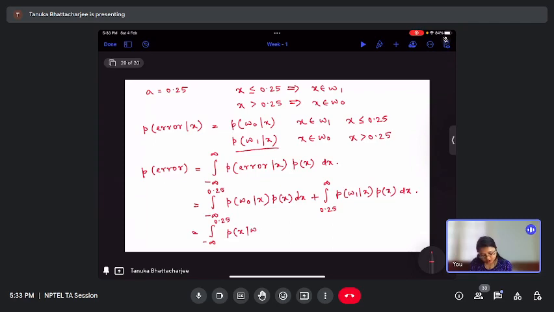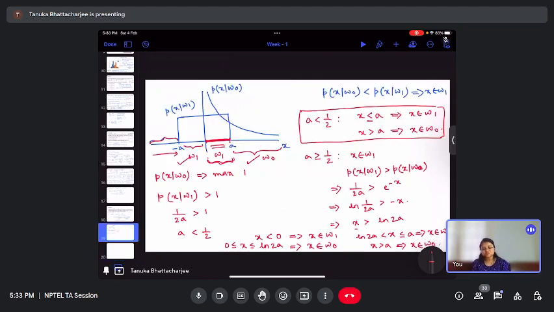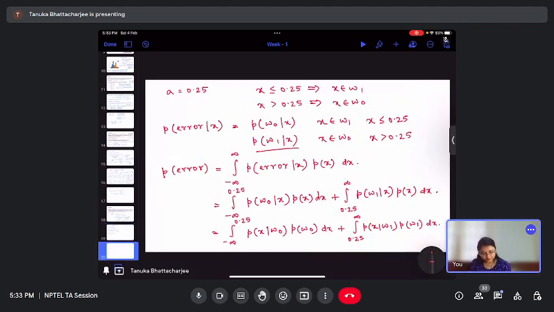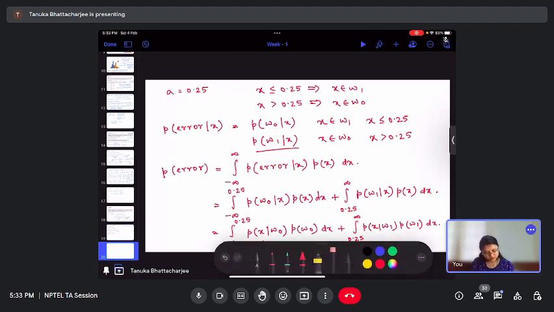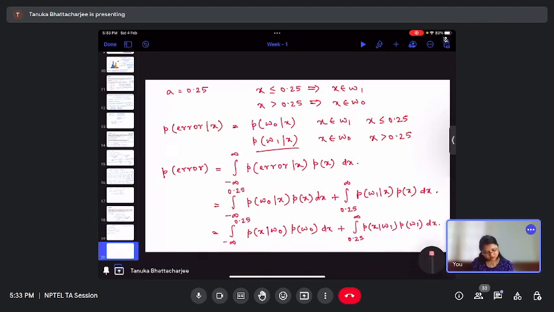So it will become... Now probability of x given omega 0 is your exponential curve. So you can simply put that. I will put it in the next slide maybe.